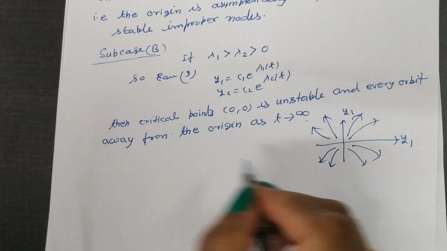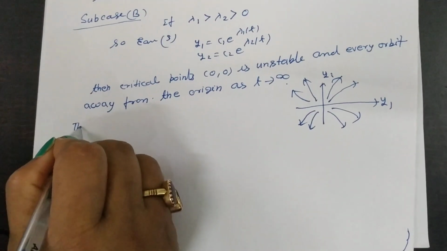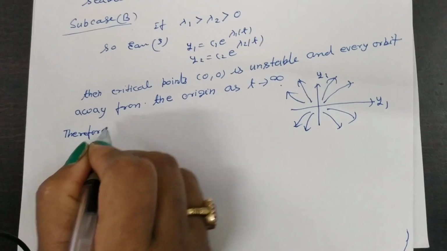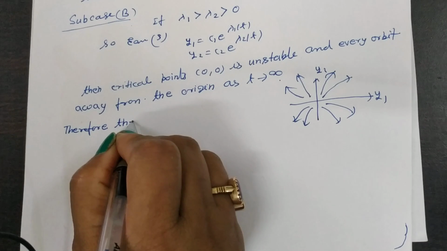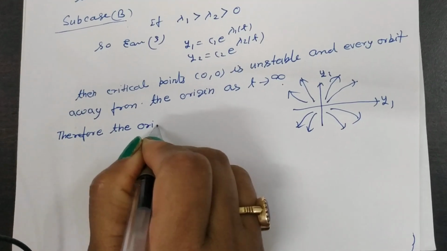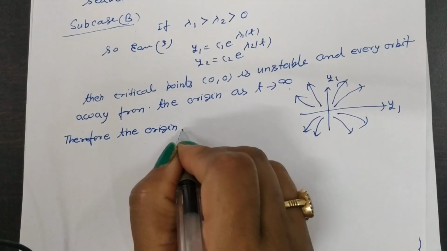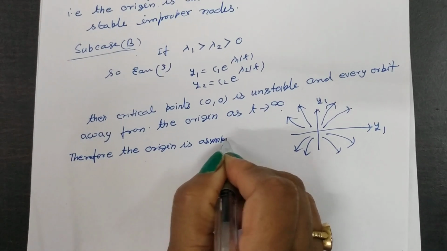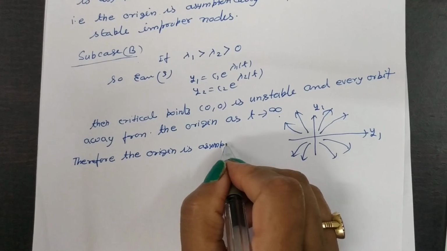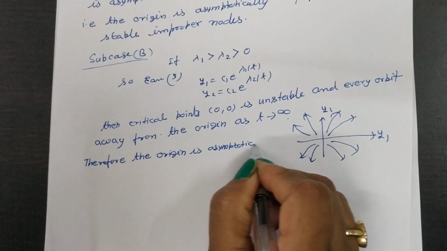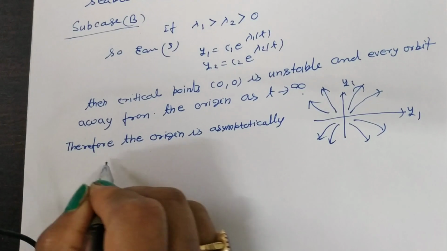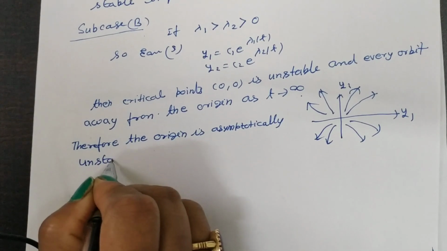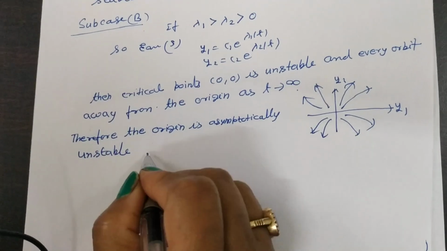And therefore the origin is asymptotically unstable, an unstable improper node.